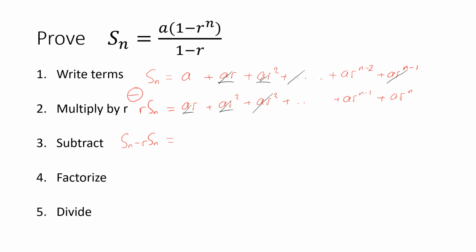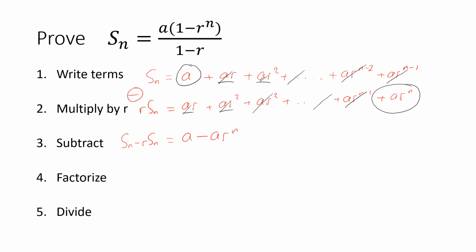We'll have AR to the n minus 1 taken away. And the only terms that are left are your A and your AR to the n. So it's top take away bottom, so we'll end up with A minus AR to the n. Very powerful step that eliminates a potentially infinite number of terms and leaves you with 2.